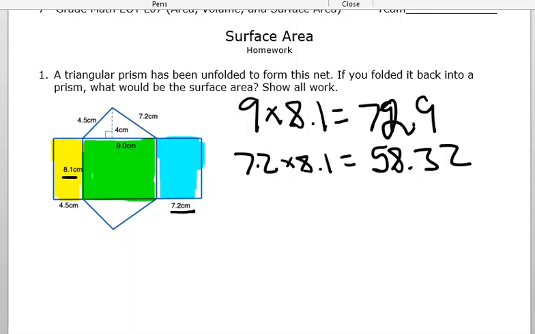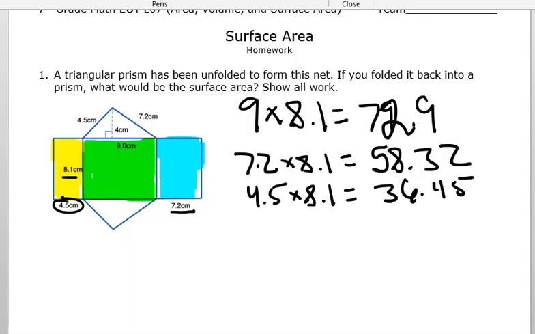And here I have 4.5 times 8.1. That gives me 36.45. And then finally, I have my triangles.